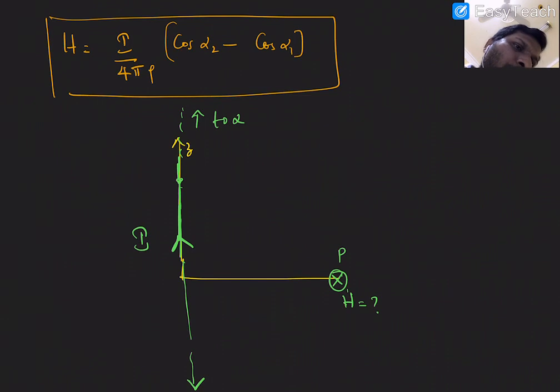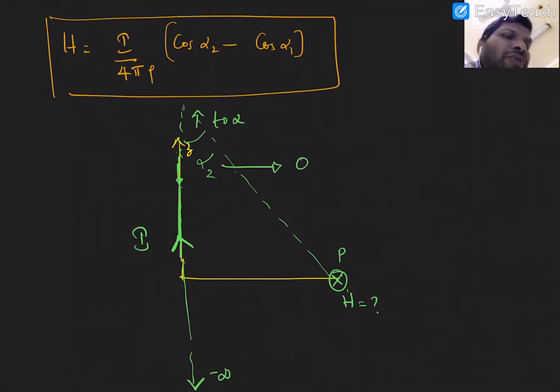If I am going to infinity, my alpha 2 tends to 0, and alpha 1 is the angle in this way, so alpha 1 tends to 180 degrees.